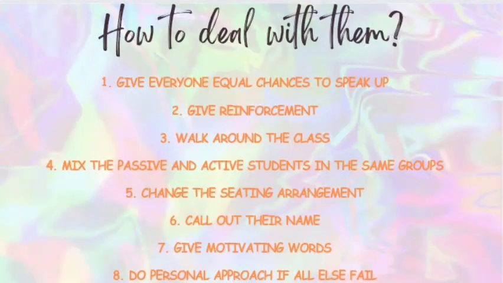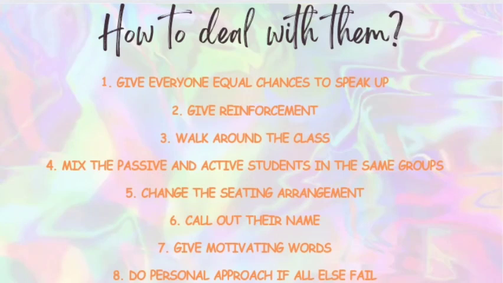As a future teacher, we need to give everyone an equal chance to speak up, give reinforcements such as compliments or reward, walk around the class so everyone will get your attention, mix the passive and active students in the same groups, but you have to make sure everyone does their job, and change the seating arrangement.